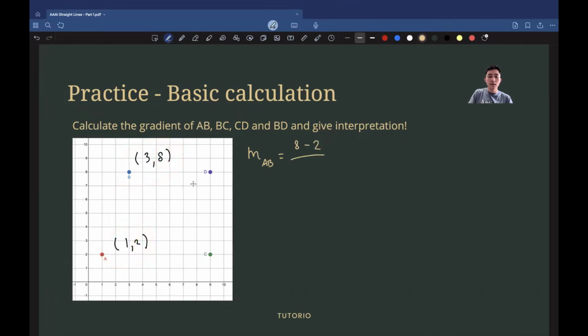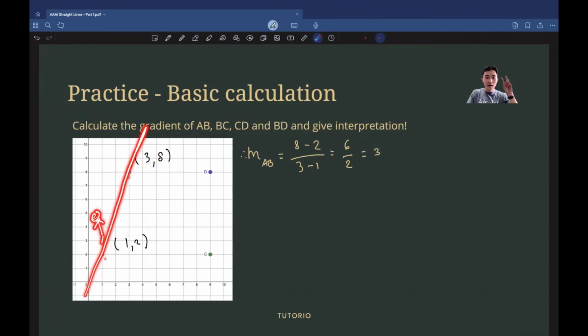And then we subtract the x coordinate, starting with x2 minus x1. So 3 minus 1. So we will get 6 over 2, which is 3. So we got the gradient of AB, mAB, of these 2 points. If they create a straight line, the gradient or the inclination is positive 3.